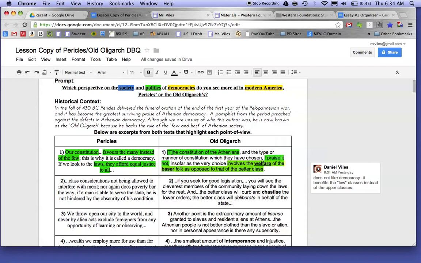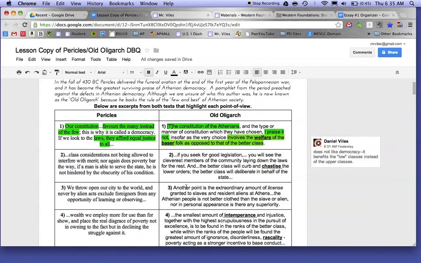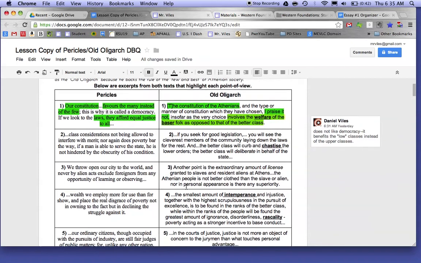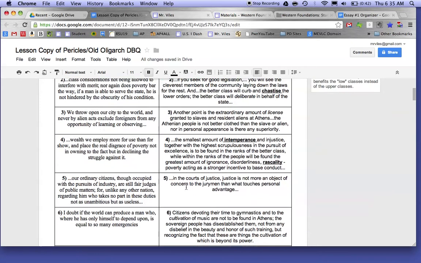Has democracy made us strong? Or when you look at the documents, was the Old Oligarch right? Has democracy made us weaker? Are we weaker because we have so much support for the rabble, that we're not led by the best, that we don't encourage the best to lead us?